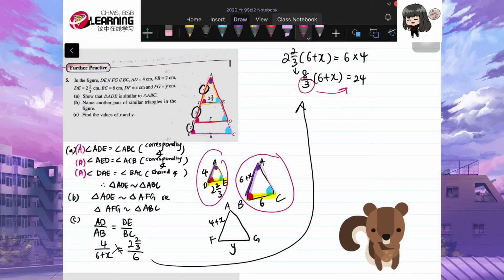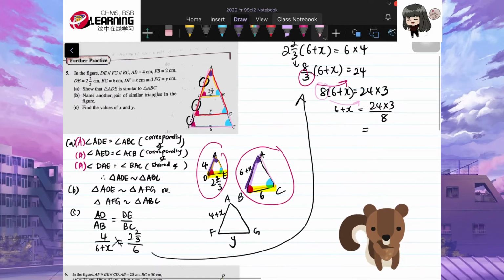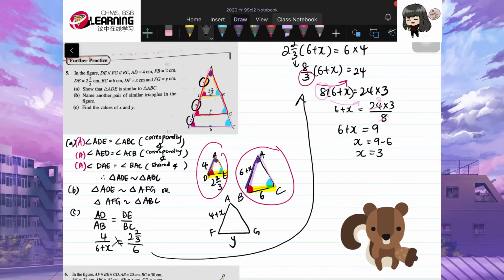Then this 3 moves to the other side and becomes times, so 6 plus x equals 24 times 3, and this 8 also moves to the other side and becomes divide. So 6 plus x equals 24 times 3 over 8. You can simplify this, so it's 9. So 6 plus x equals 9, and your x is 9 minus 6, which is 3.